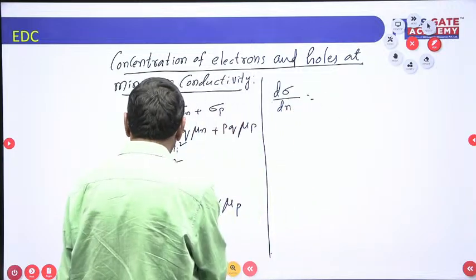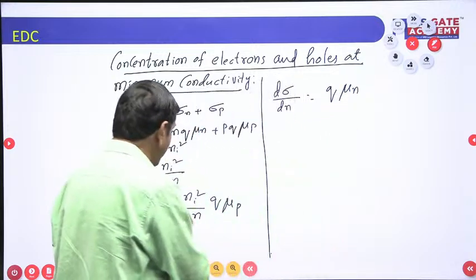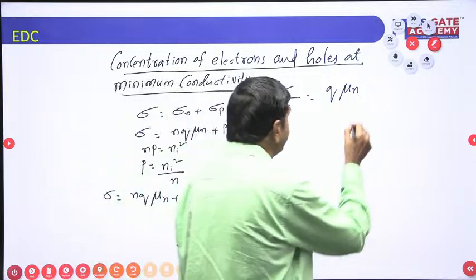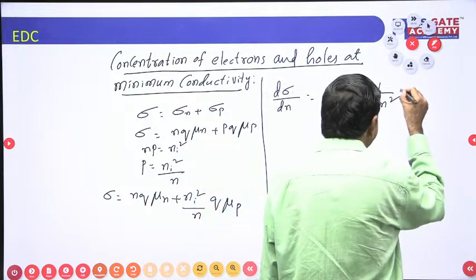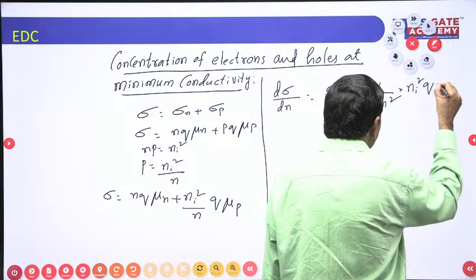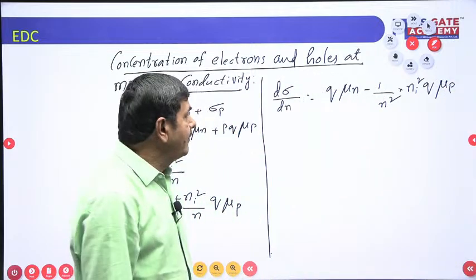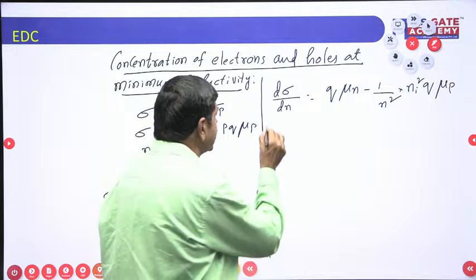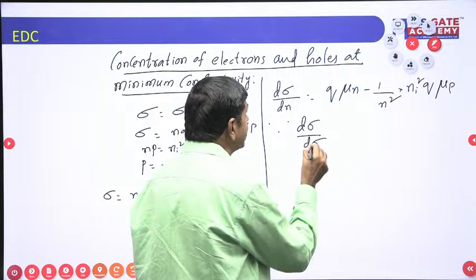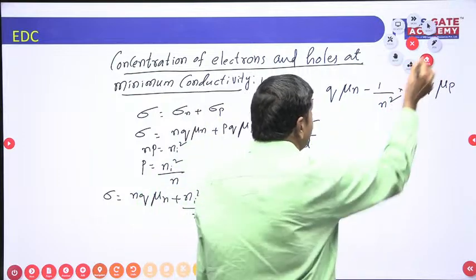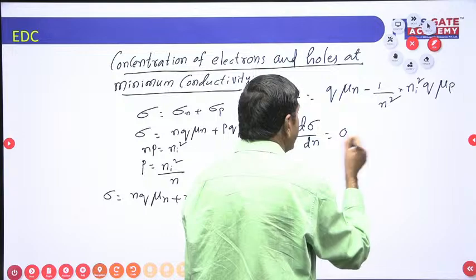If you differentiate with respect to n, I will get Q into mu n, here the differentiation of 1 by n gives minus 1 by n square, into Ni square into Q into mu P. We know very well this value d sigma by dn must be taken as 0 according to maximum and minimum.